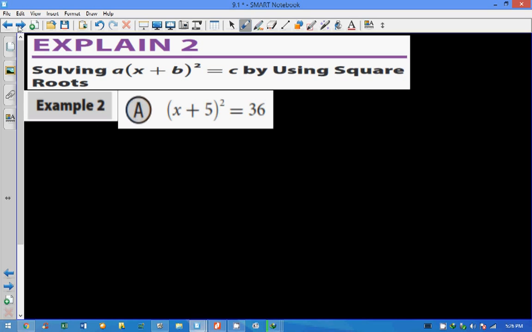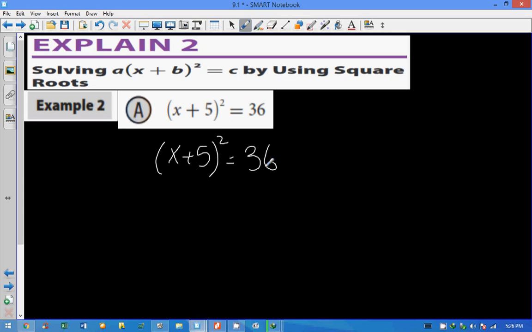Solving a times parentheses x plus b squared equals c by using square roots. This is a similar problem: x plus 5 squared. We will use a similar method.